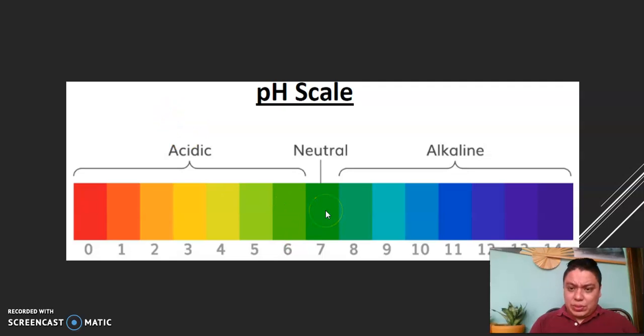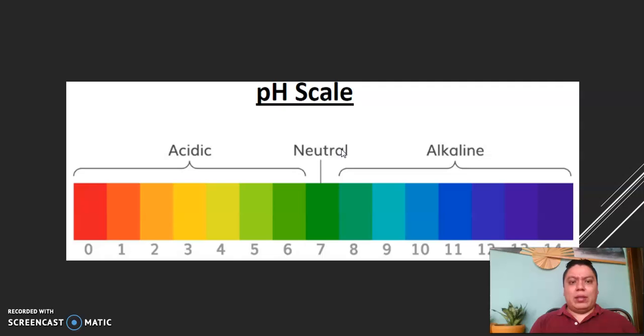No substance, no solution is completely acidic or completely basic. It's almost impossible, at least naturally. So that means that if a solution has a pH of, let's say, 6, what happens to the rest of the values then?